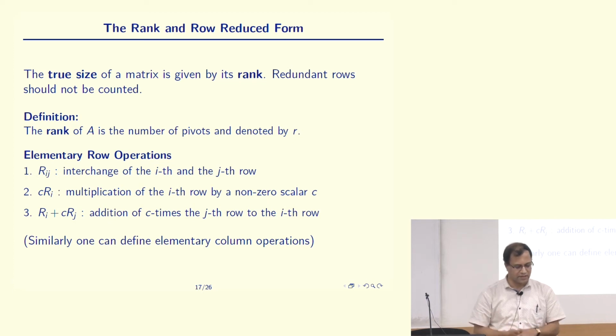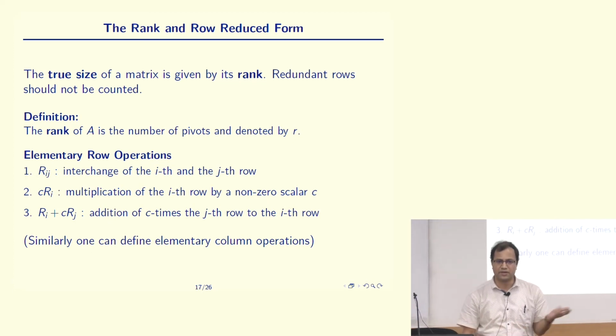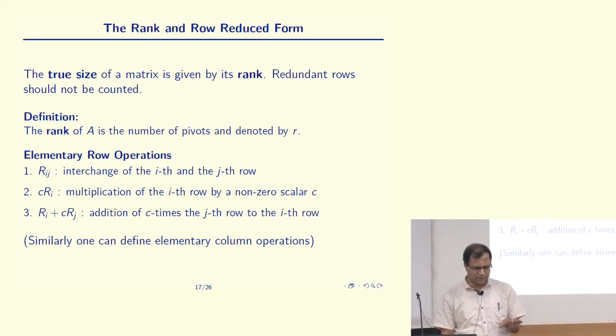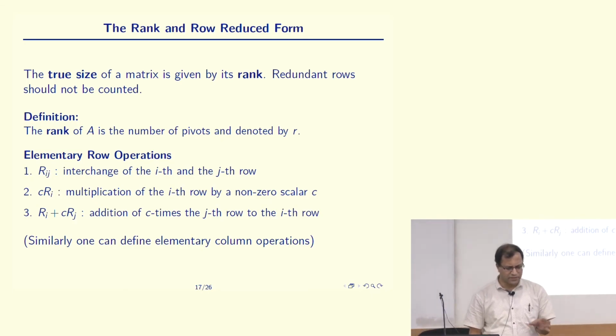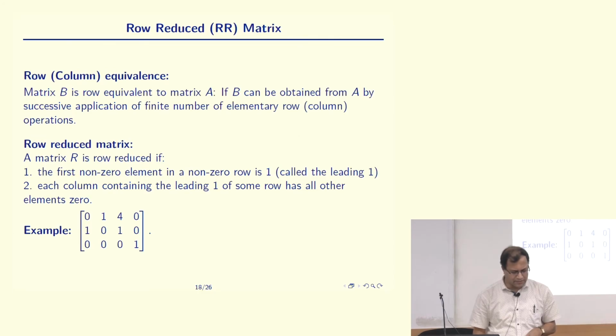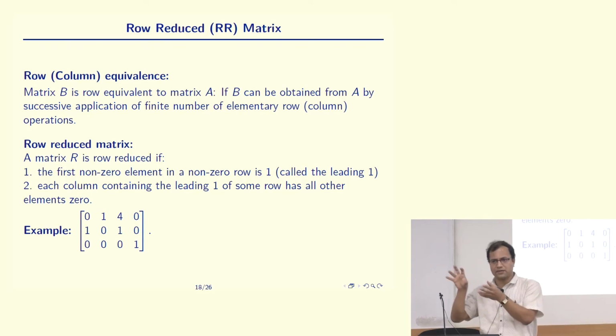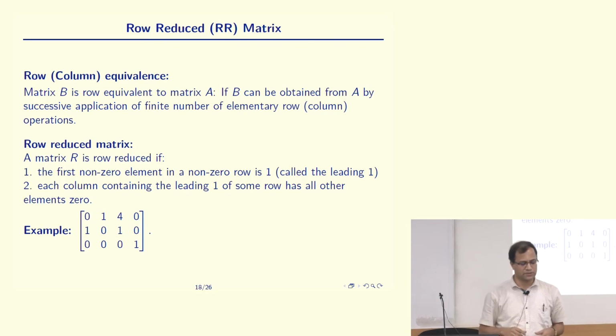Okay, so the elementary row operations you have already seen. Basically, when we apply the elementary row operations on a matrix, we'll be getting different kinds of matrices in different stages. So there are two names which are important.